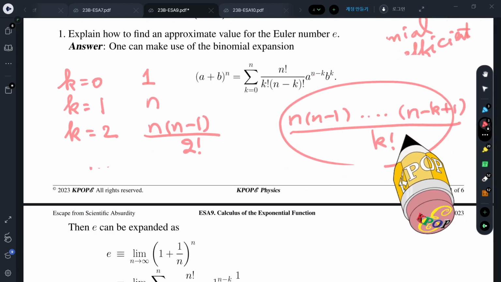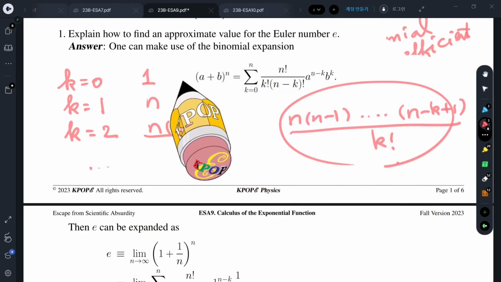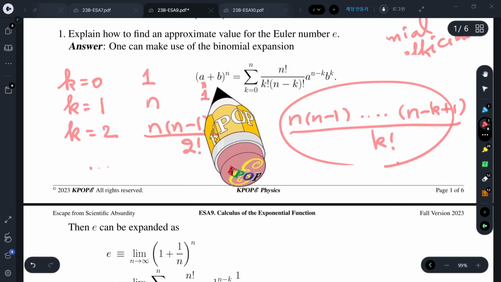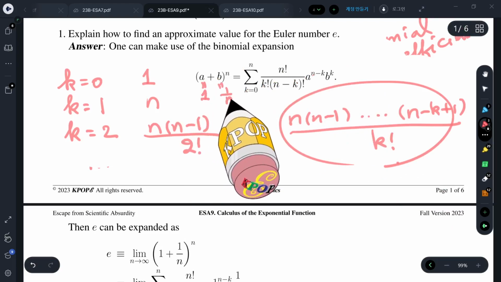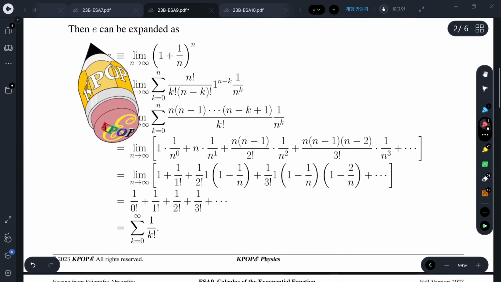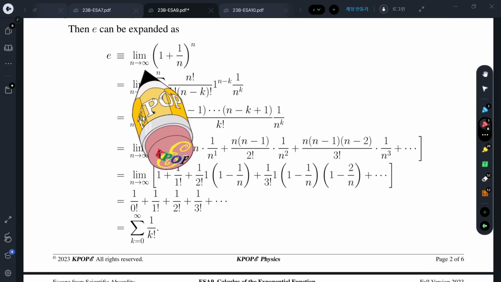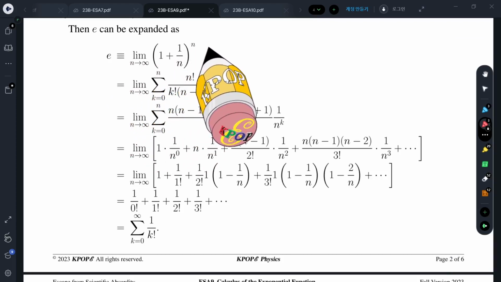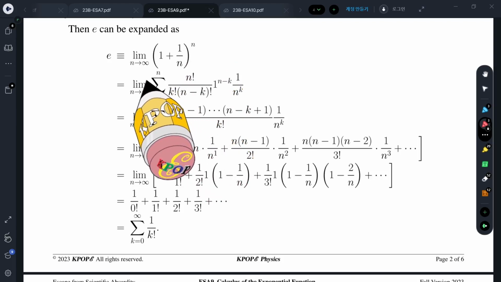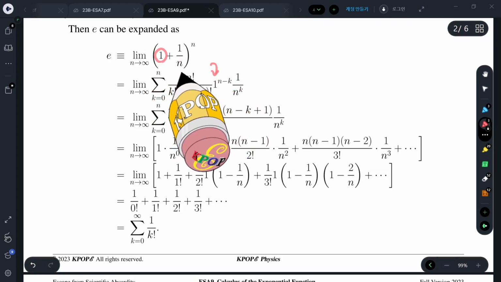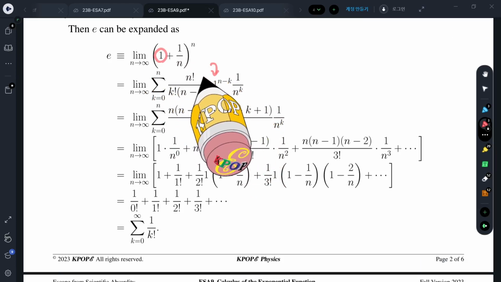So we can make use of this expansion formula, substituting 1 for a and 1 over n for b. Then, by definition, we take the limit as n goes to infinity of (1 + 1/n)^n.